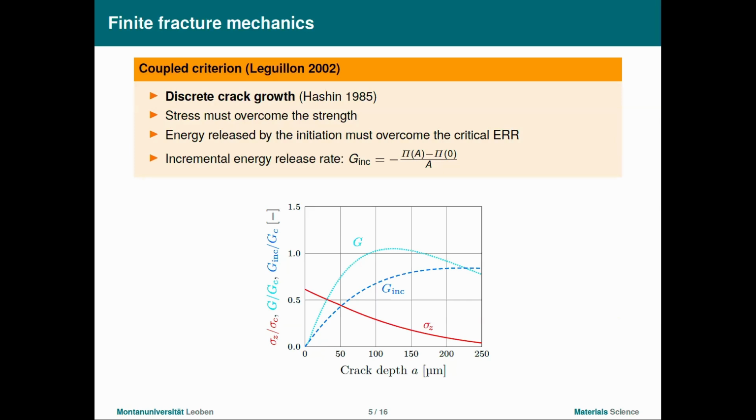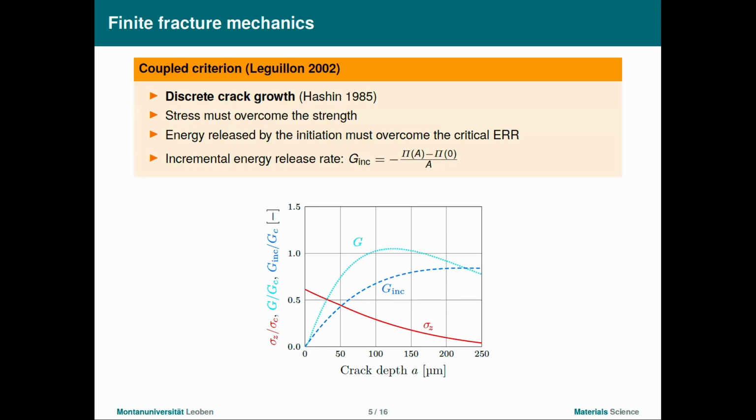This approach uses something which is called the coupled criterion. Usually you don't care about the strength and fracture toughness. You say one is depending on the other, but here they are really independent and you must fulfill both criteria simultaneously. You must have a region in tension where the cracks are allowed to initiate.